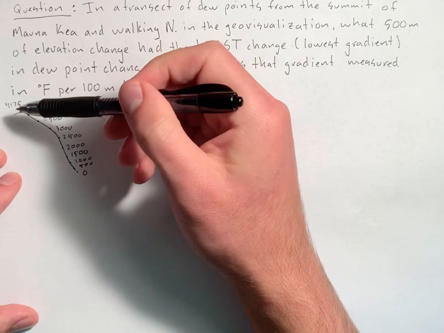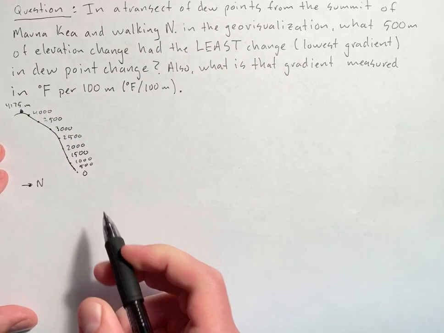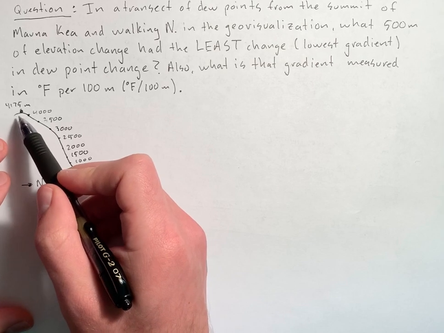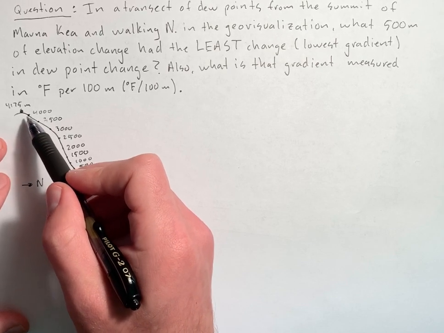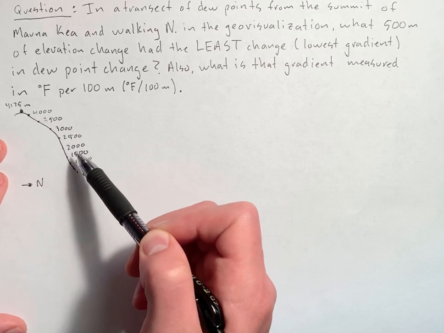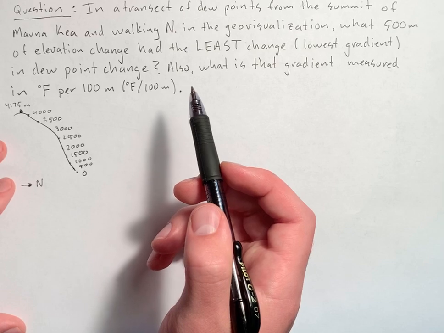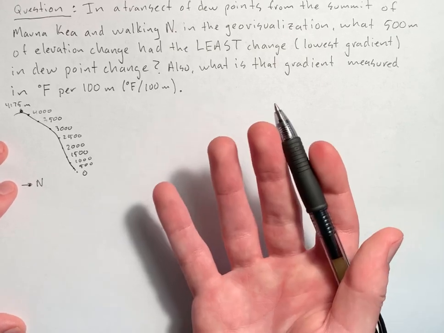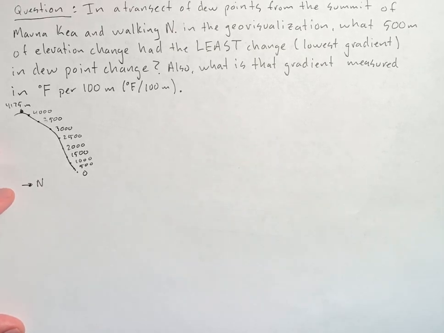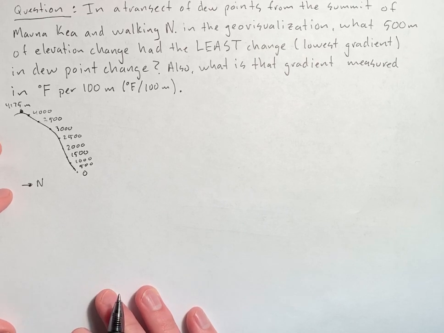So all the way down. So you're going to start here, and this direction is north. So you're going to start at the top, turn your avatar to the north, and begin walking downhill. And when you get to these elevations, stop, record the elevation, and record the dew point temperature, which is measured in degrees Fahrenheit. So the best way to record this information is in a chart.